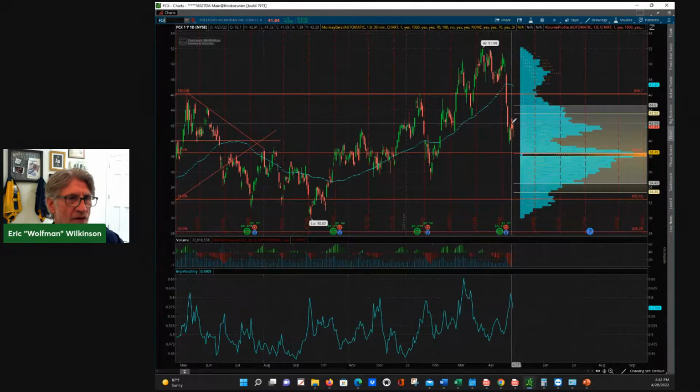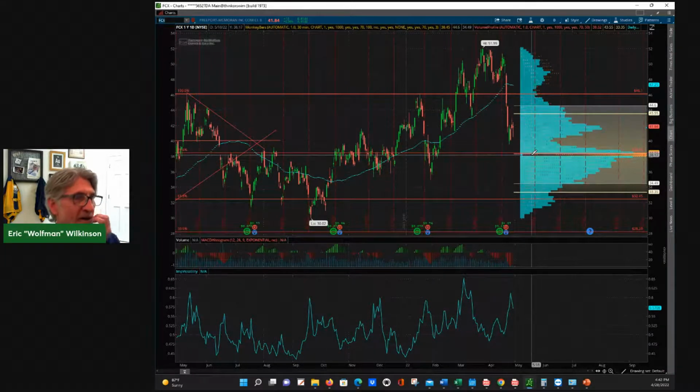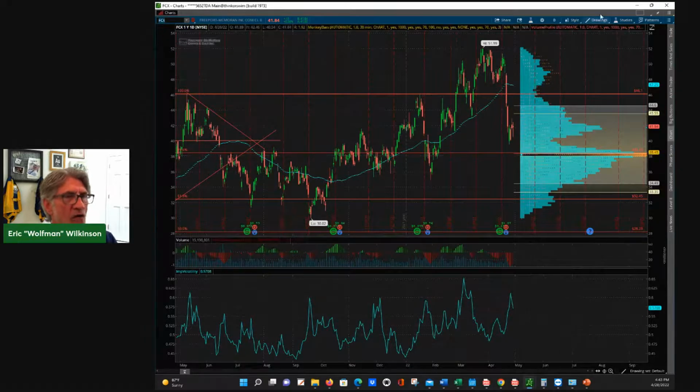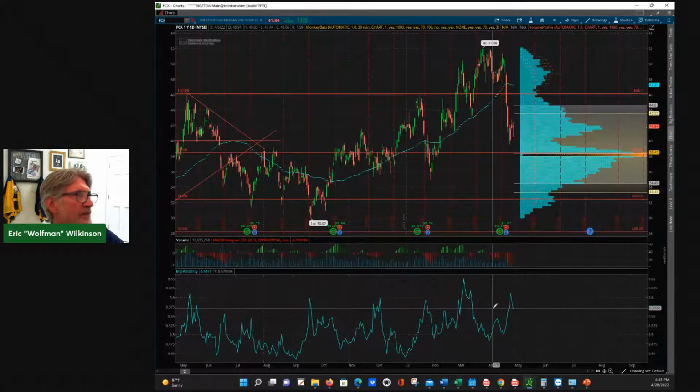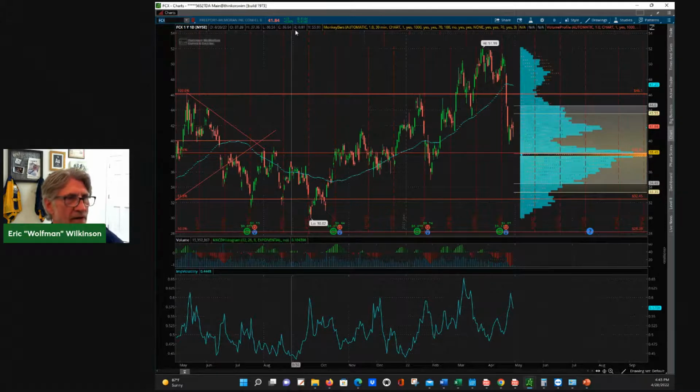Those counter-opposing dojis, I think this is going to be a continuation. I think the next stop is somewhere down around here. So let's just say with something like this, we got volatility coming out today from 61 to 57, right? 61 to 57. This thing ended up slightly higher on the day, right?